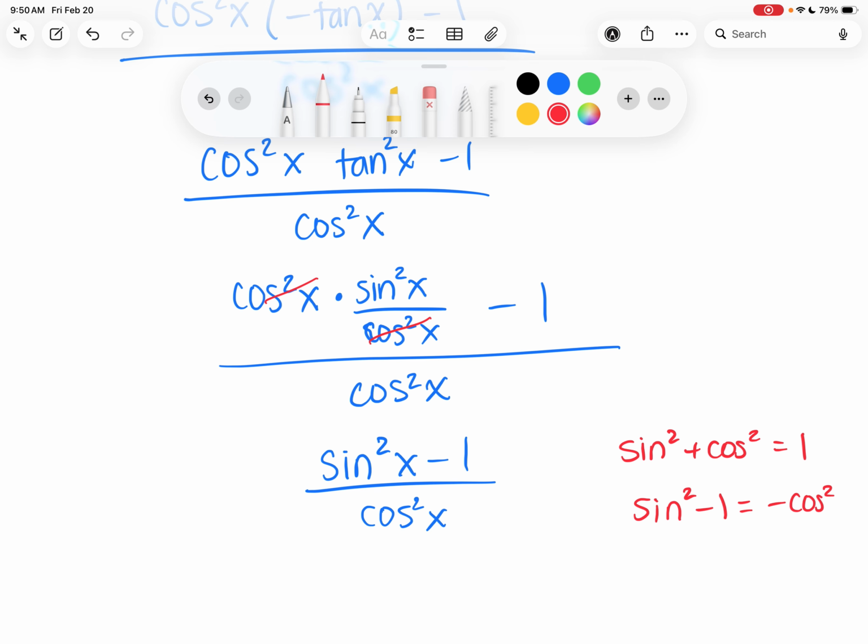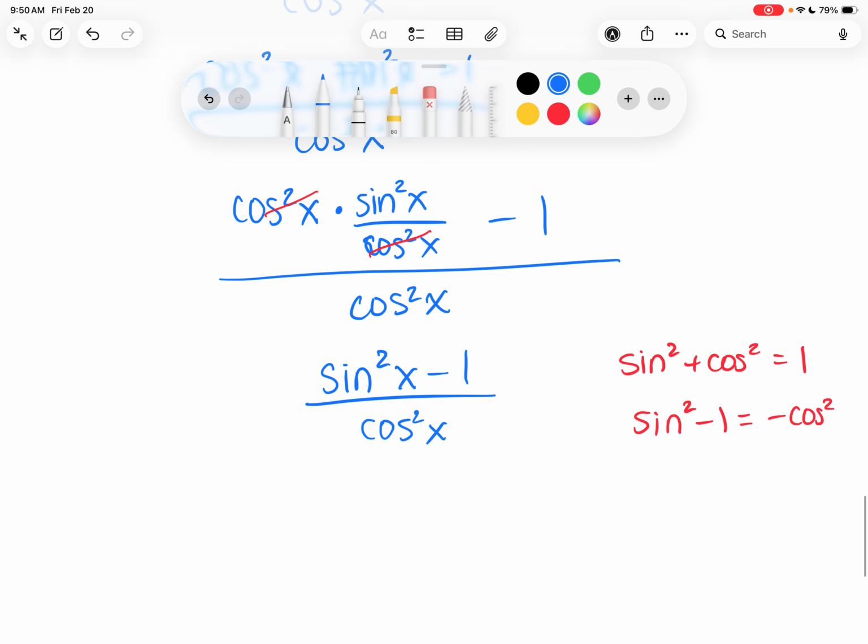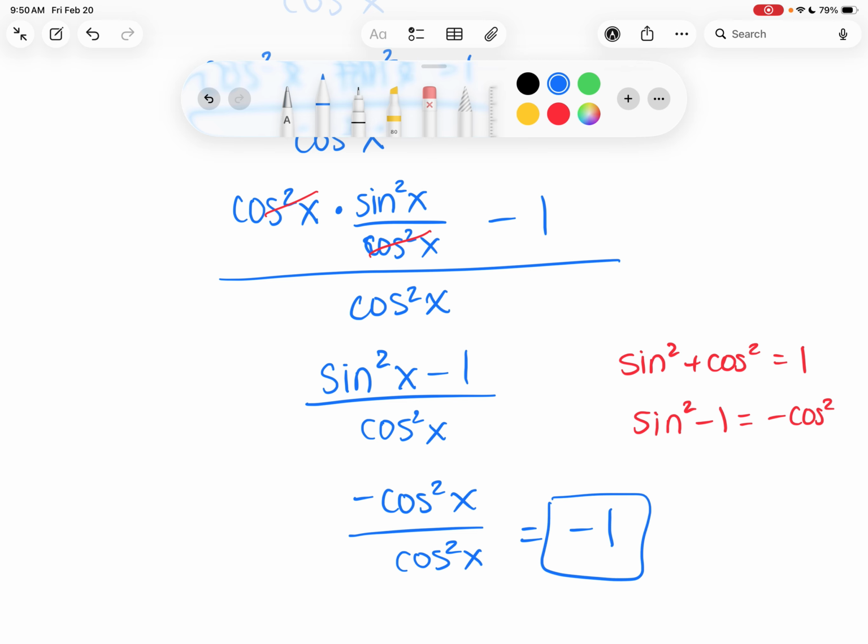So sine squared x minus 1 is equal to minus cosine squared of x. So I have minus cosine squared of x on top over cosine squared of x, and that's equal to negative 1. Wow, all that to get a negative 1. How fun.